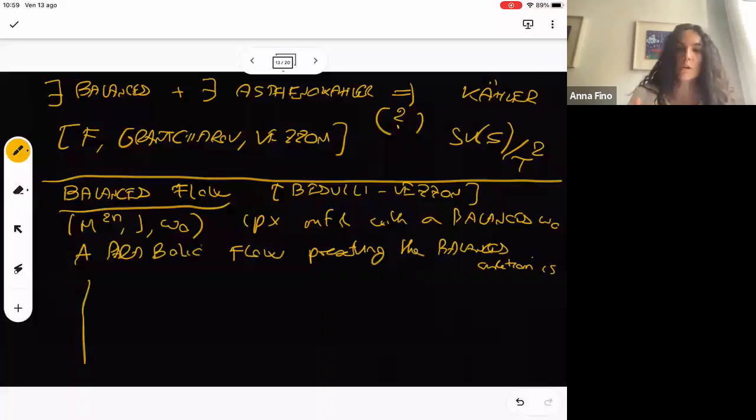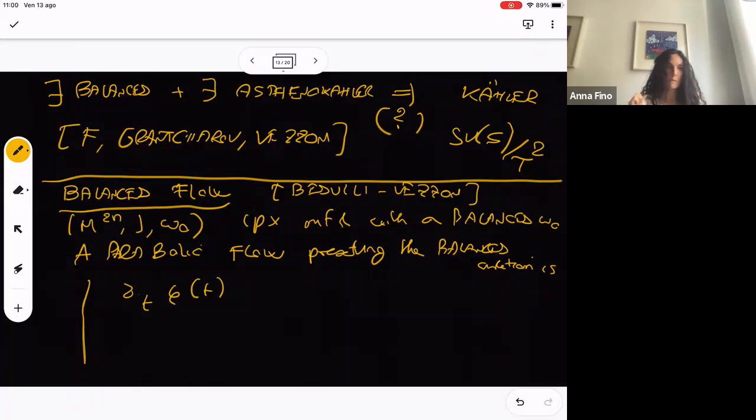Here, what you do is evolve the (n-1)-form, right? Because this should be positive and closed. So that's what you evolve. Let's call it φ_t, an (n-1)-form, positive, and you evolve it in this way.